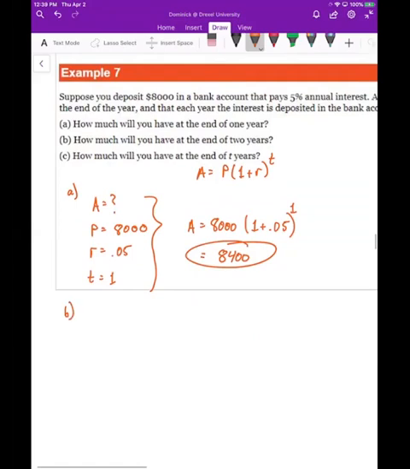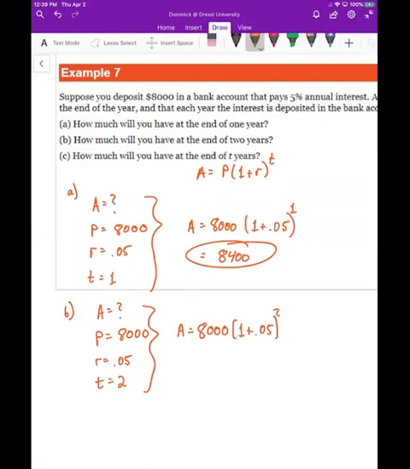But now in part B, this is where it will start to get different, because now compound interest is going to take into account that you have 8,400 in the account rather than just 8,000. So now when we do the problem, we're doing the same thing, except we're changing this exponent to 2.